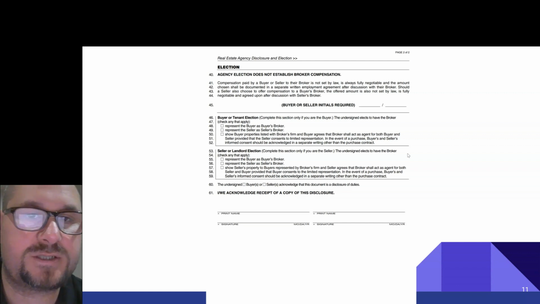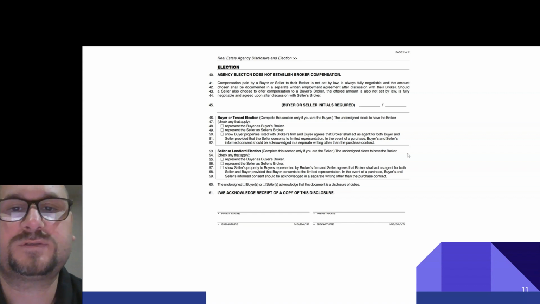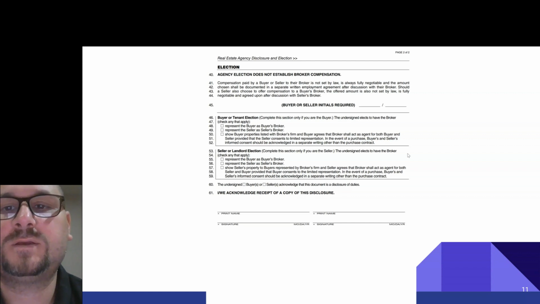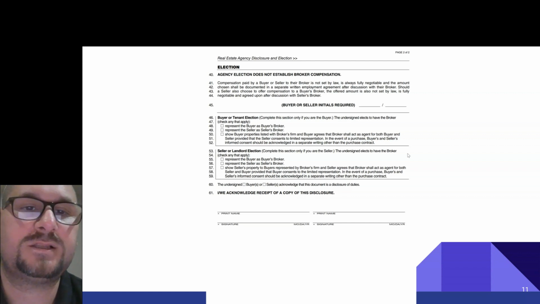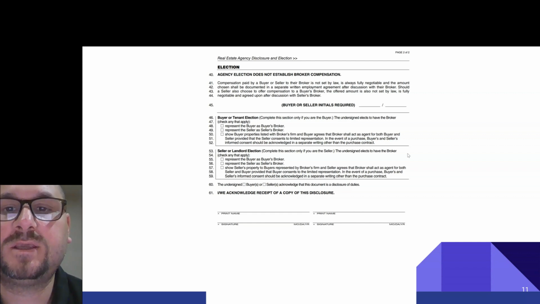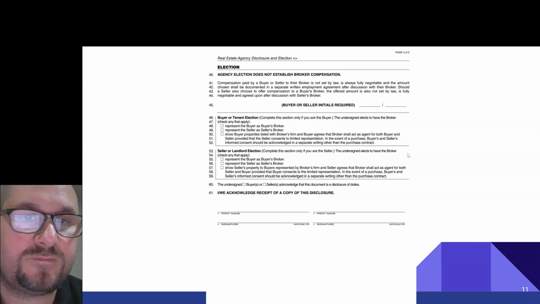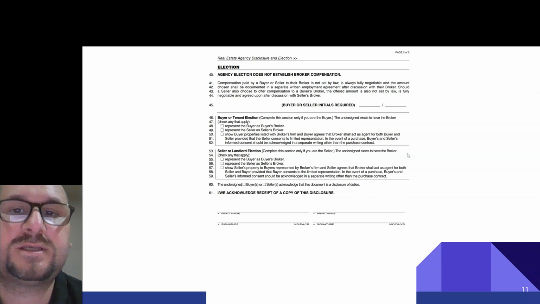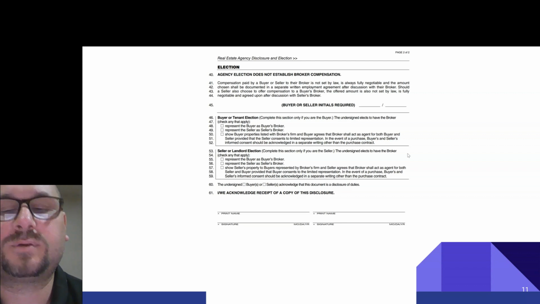Buyer shows buyer's property listed with the broker's firm, and buyer agrees that broker shall act as agent for both buyer and seller, provided that the seller consents to limited representation. In the event of a purchase, buyers and sellers' informed consent should be acknowledged in a separate writing other than the purchase contract.